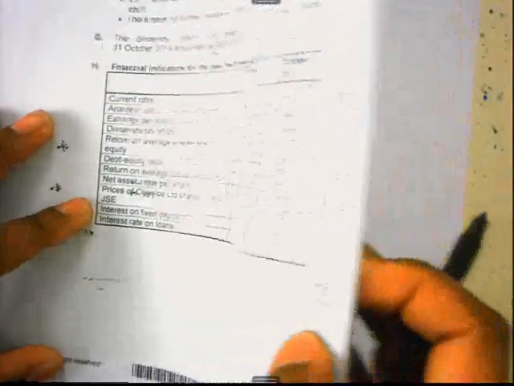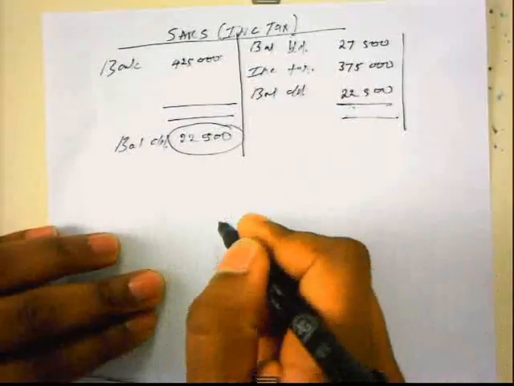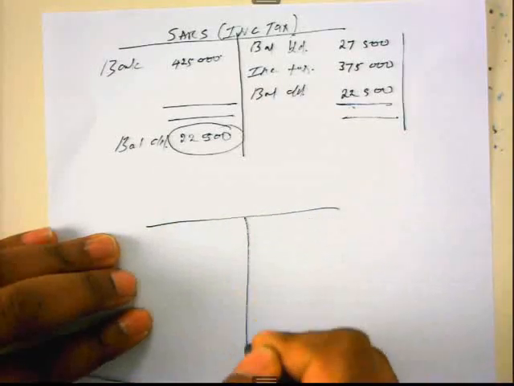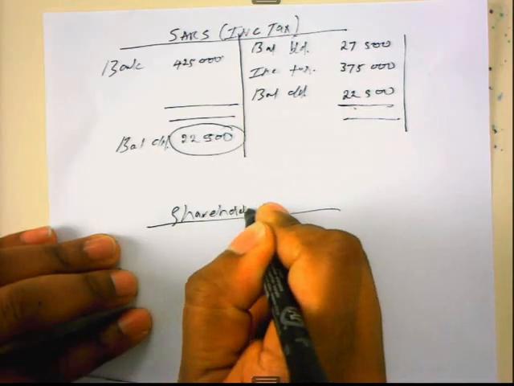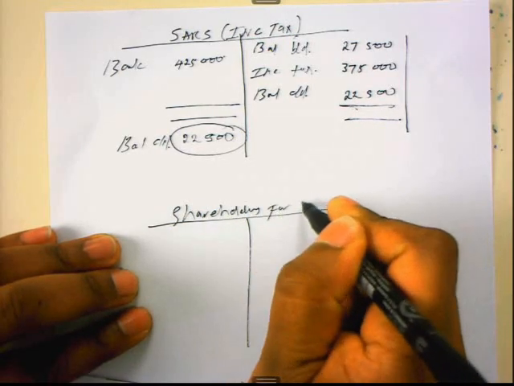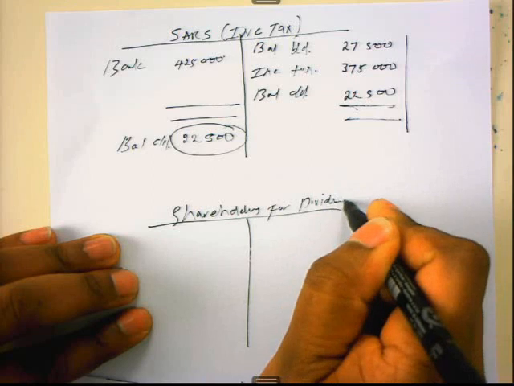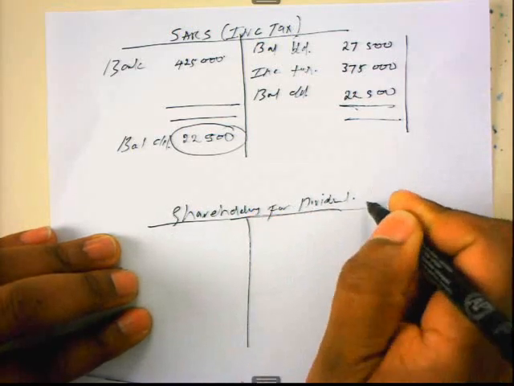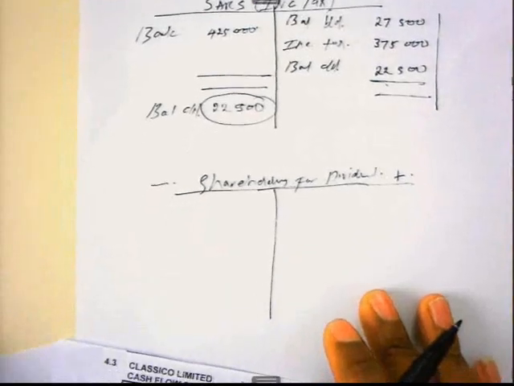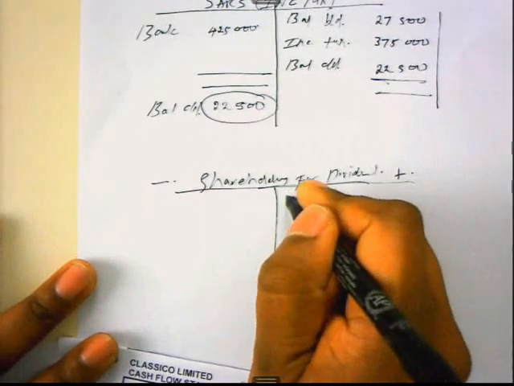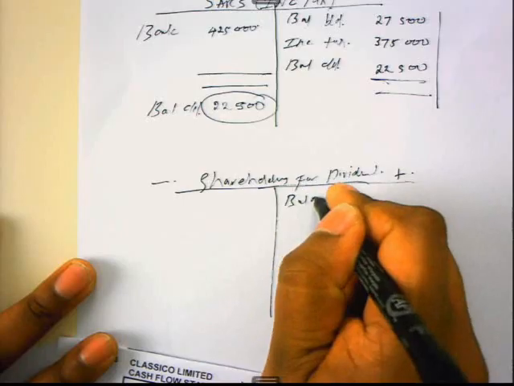Then it means we have to reconstruct the shareholders for dividends account. And then here we are. We are going to open up our shareholders for dividends. It's a liability. It increases on the credit side and decreases on the debit side. And because it is a liability account, it has a credit balance.